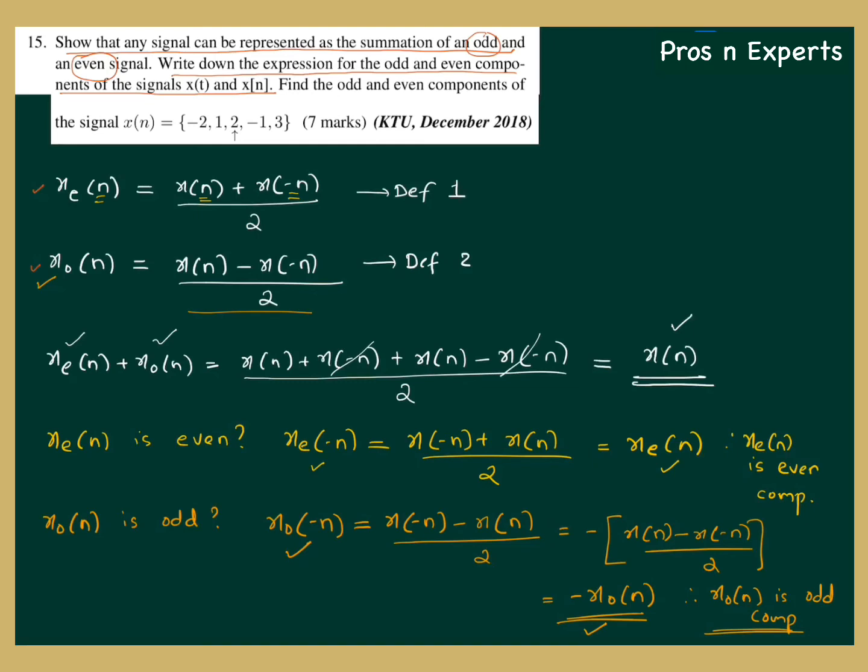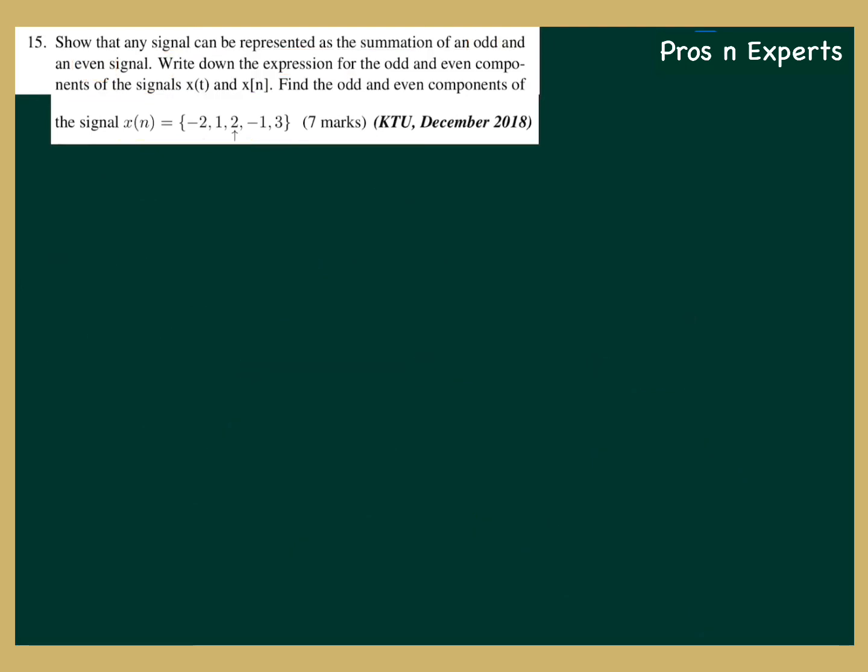And finally, you are asked to find the odd and even components of the given x of n. So we move along to solve this question. Find the odd and even components of x of n. So x of n is given as, let me rewrite it, the sequence -2, 1, 2, -1, 3, where an arrow is given below 2, which indicates that the sample 2 is at n equal to 0.